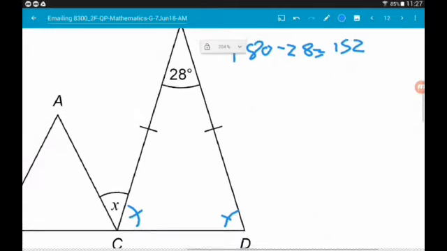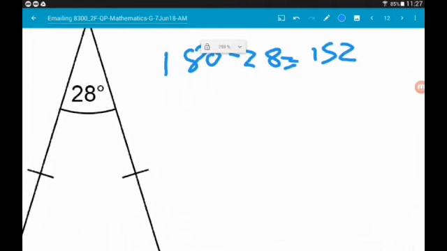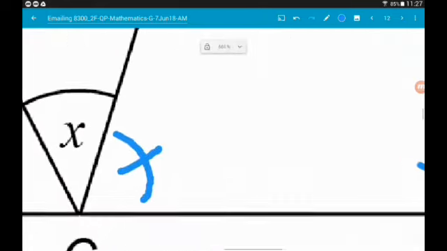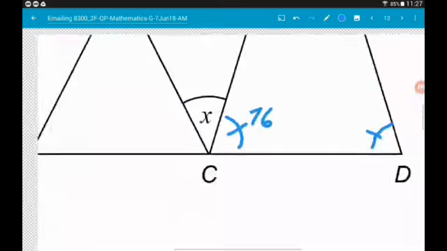So each of these blue angles at the bottom are going to be half of 152. So 152 divided by 2 is 76 degrees. So we now know this angle is 76 degrees.